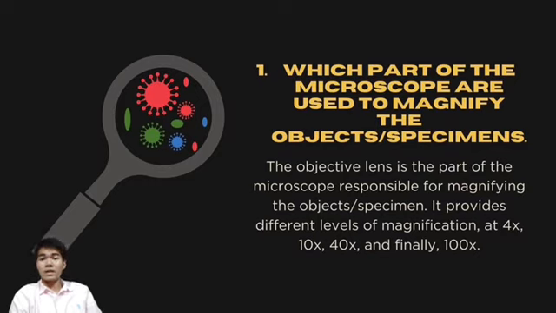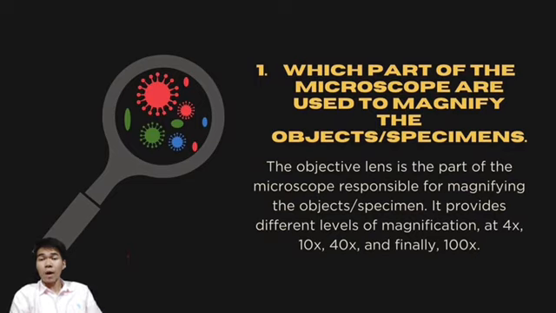It provides different levels of magnification at 4 times, 10 times, 40 times, and finally 100 times. So basically each objective lens that is attached on the nose piece has its own level of magnification.